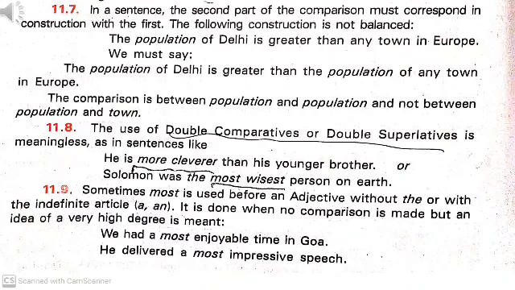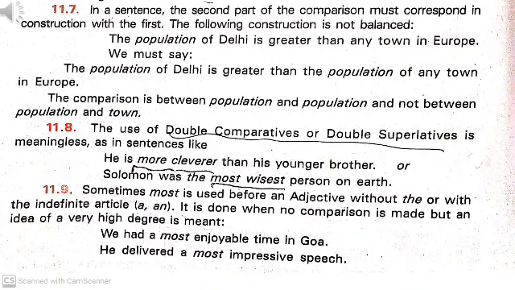And while making comparisons, remember that we cannot use double comparatives or double superlatives. It means we cannot write more cleverer or most wisest, etc. And sometimes most is used before an adjective without the.